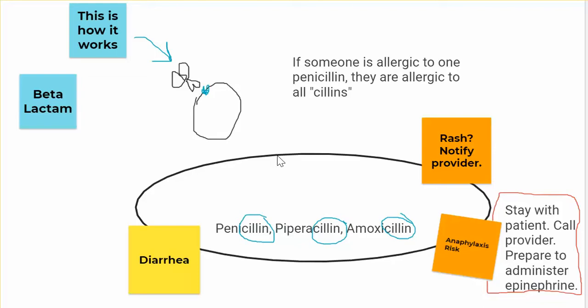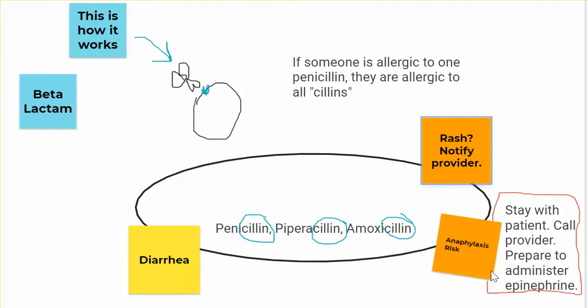Just know that one of the biggest side effects of penicillin is that it causes diarrhea. Again, notify the provider about that, right? Anaphylaxis is a risk and a rash is a risk. These are really common to cause allergic reactions, and so if there's a rash, we need to notify the provider.